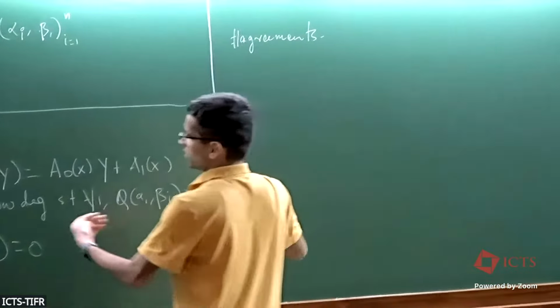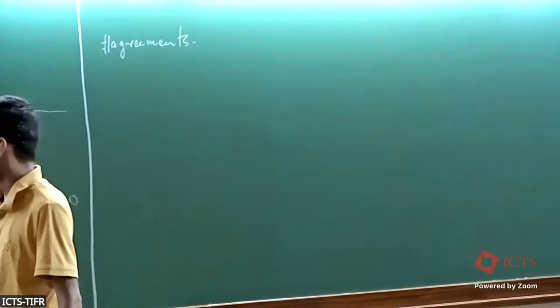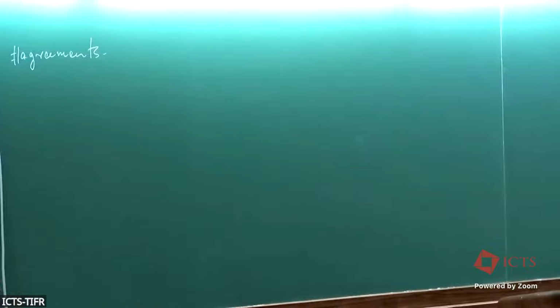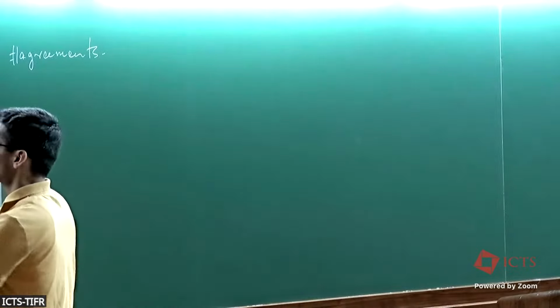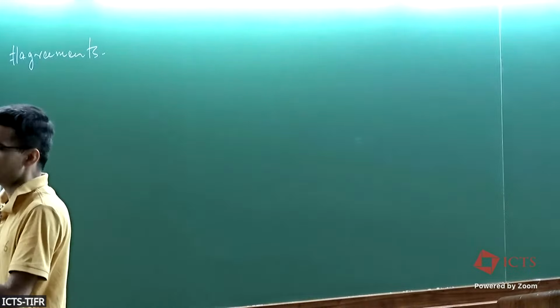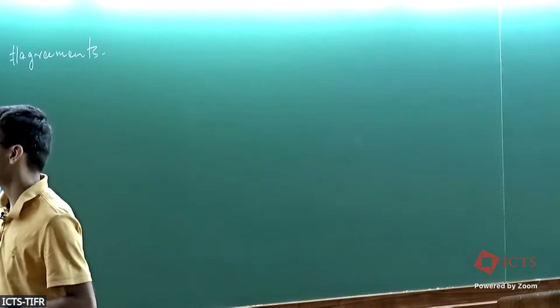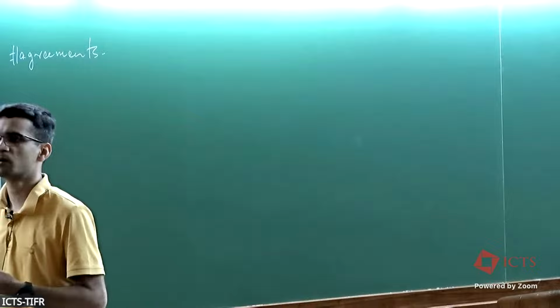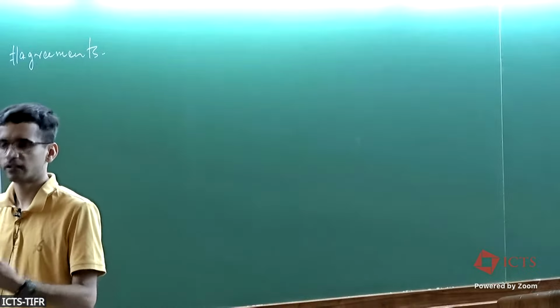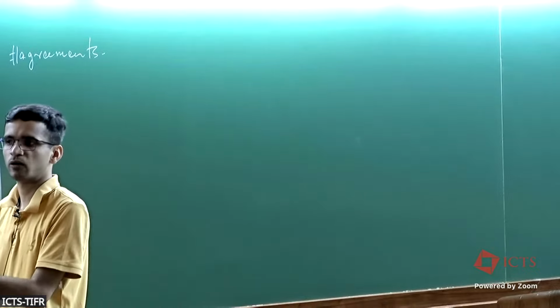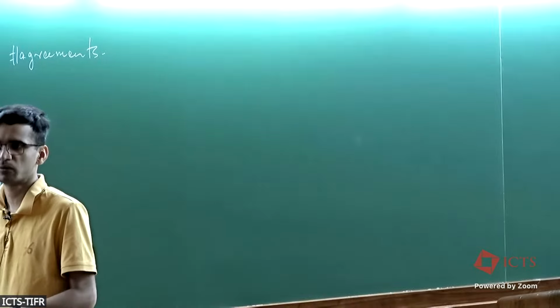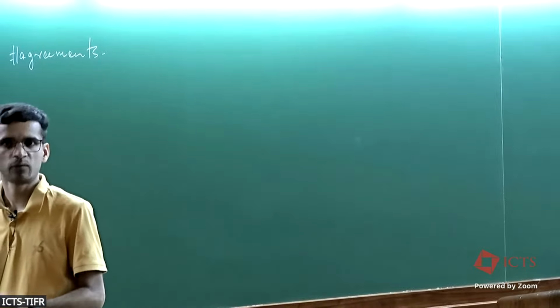When we were proving the correctness of the algorithm, we said, let's take a P that is close to the received word and look at Q of x comma P of x. It has agreements more than its degree, and at every point of agreement, the univariate polynomial Q of x comma P of x is 0. So this is a univariate polynomial of degree n plus k over 2, but it vanishes at n plus k over 2 plus 1 points. So it must be identically 0. That was how the algorithm went.